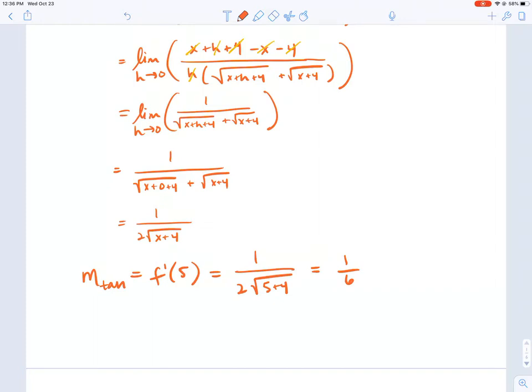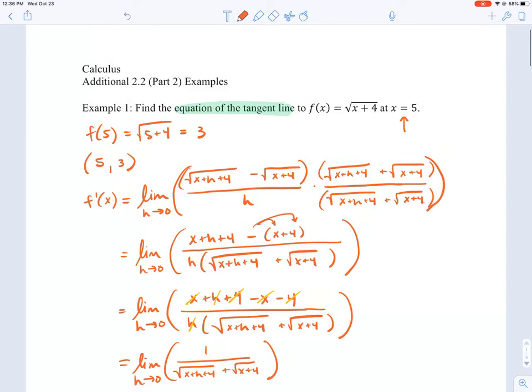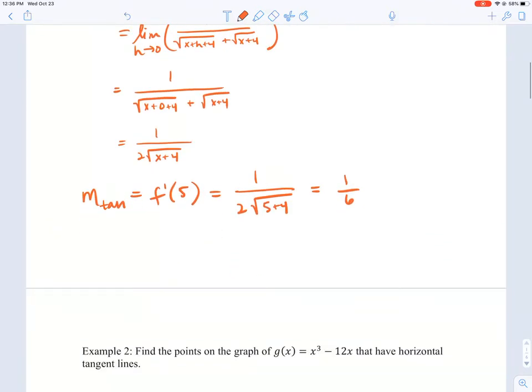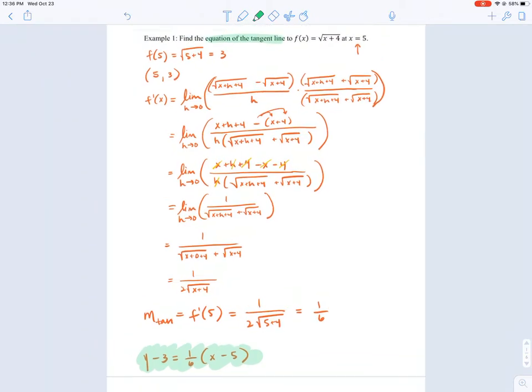So the equation of the tangent line at the point 5, 3, I have my point, my slope, so I'm going to write the equation in point slope form. It'll be y minus 3 equals 1/6 times the quantity x minus 5. And then I'm done. So here is the equation of the tangent line to the point 5, 3.